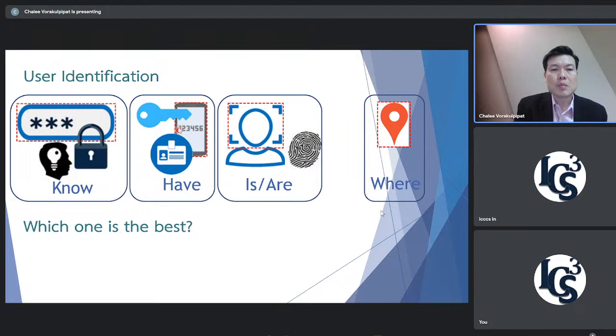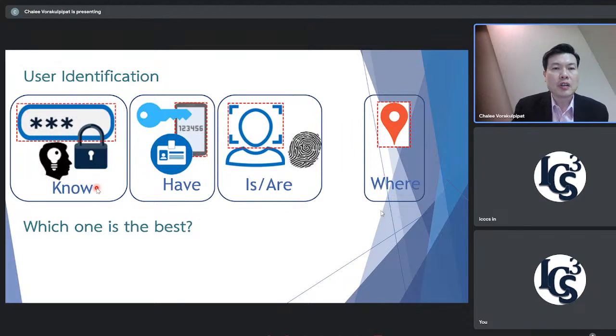Or it might be a mobile phone today, because we can use an OTP, or one-time password, sent to our mobile phone. So don't be confused with the password in something you know, which you need to memorize. The password in an OTP you don't need to memorize, because it is just sent to your mobile and then you can see the password.